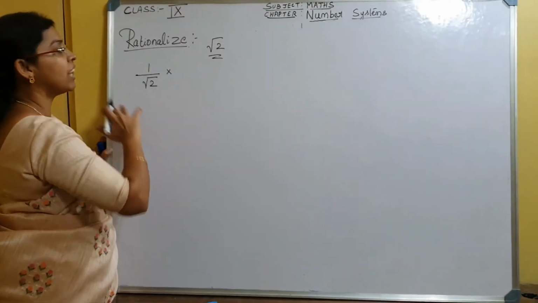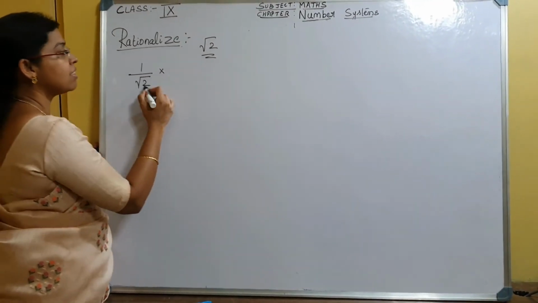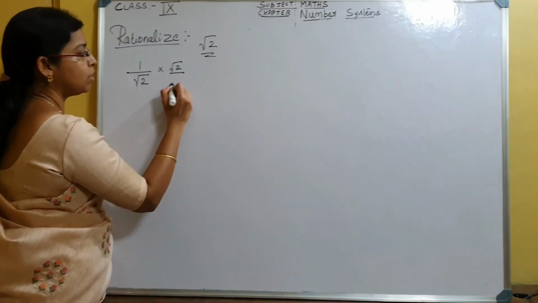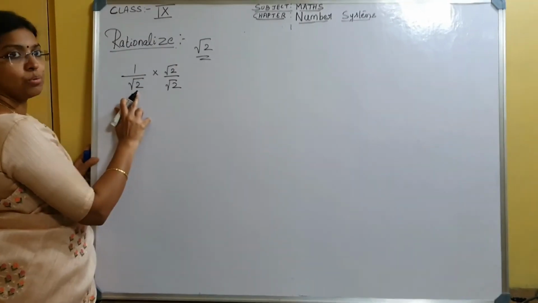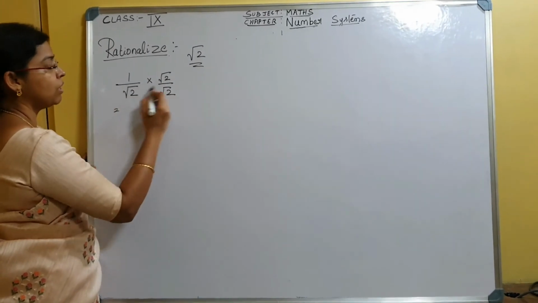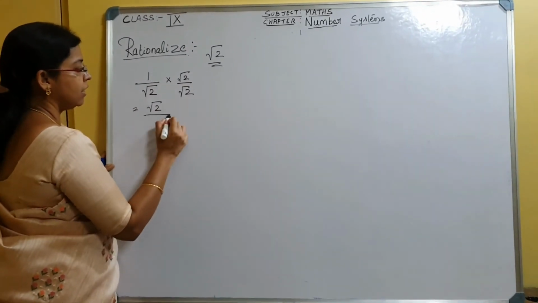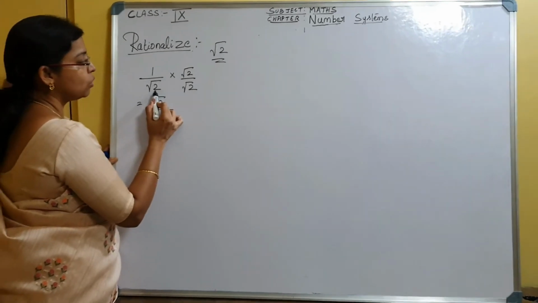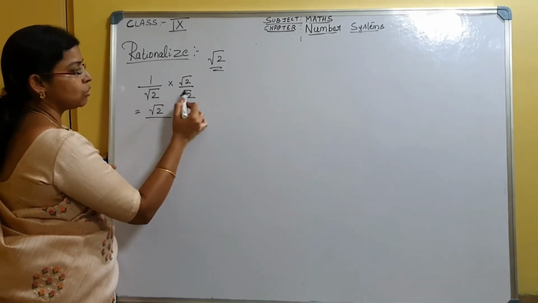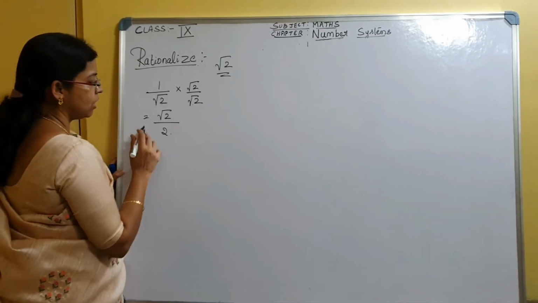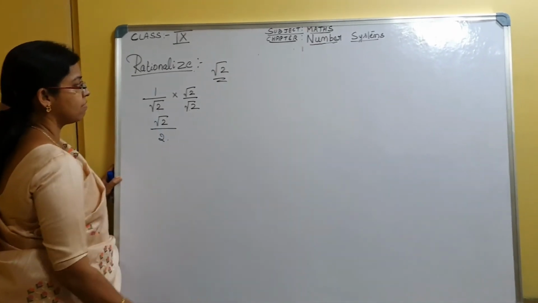So what we do is we rationalize this. How do we rationalize this? Multiply and divide by root 2. What happens to this number now? The numerator becomes root 2 into 1, which is root 2, and the denominator is root 2 into root 2. The root gets cancelled and we get 2. So what have we actually done?